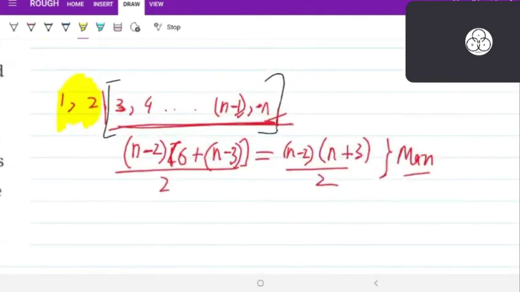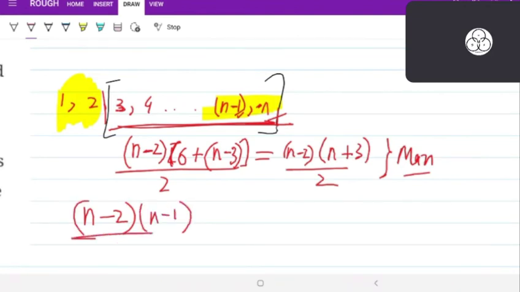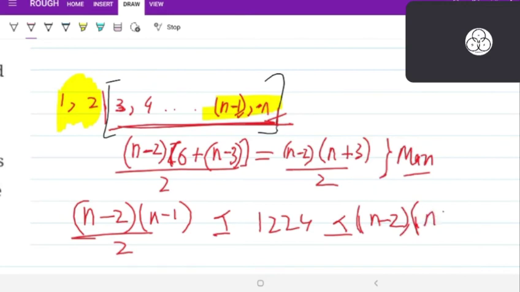Now, when I am removing these two numbers, what will be the sum? And this is the minimum. So, can't we say that 1224 lies between this and this? This is maximum, this is minimum.